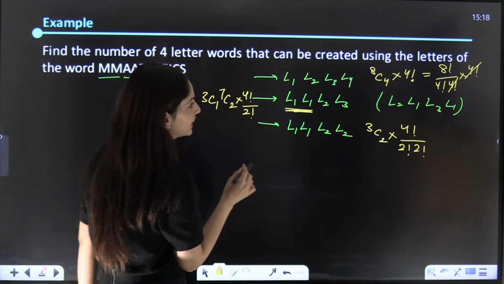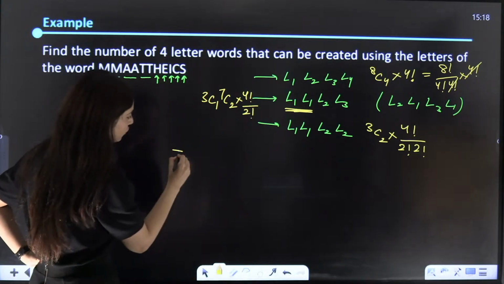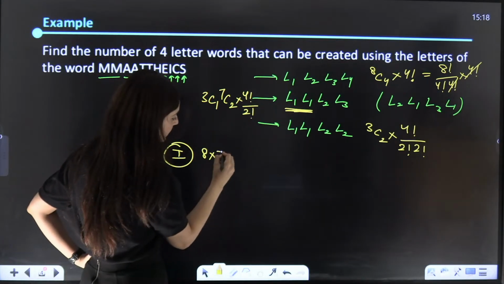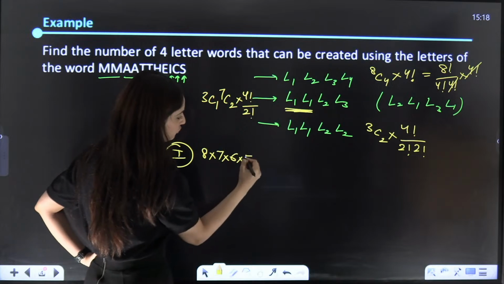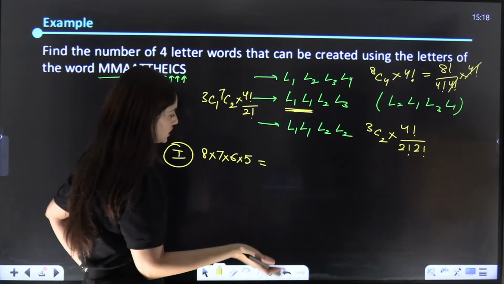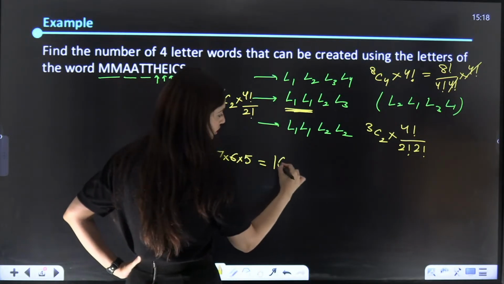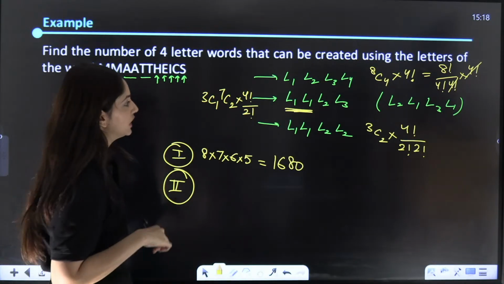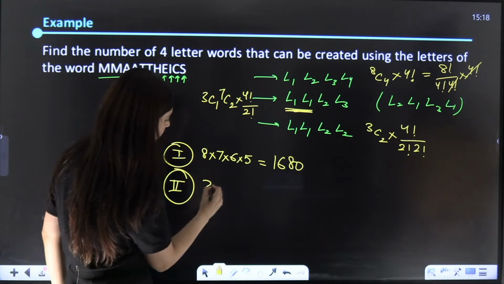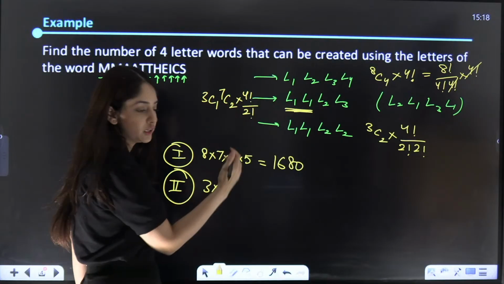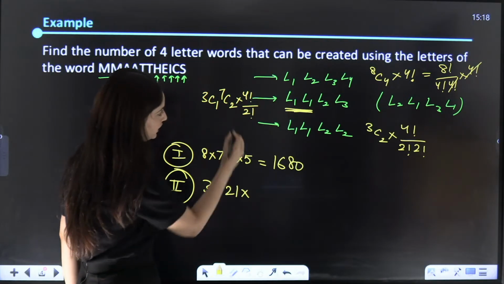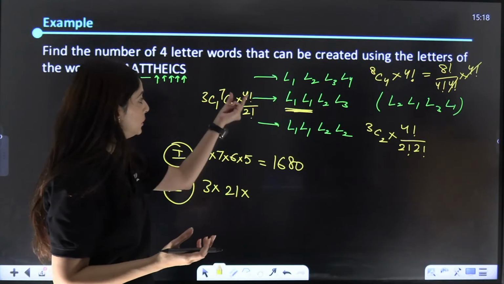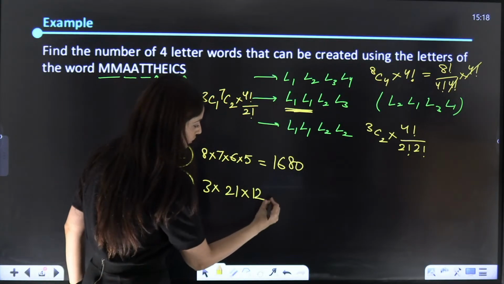And that comes out to be, for the first case, 8 factorial by 4 factorial, that is 8 into 7 into 6 into 5, which is 1680. For the second one, we have 3 into 7 into 6 by 2, 21, into 4 factorial by 2 factorial, that is 24 by 2, 12.